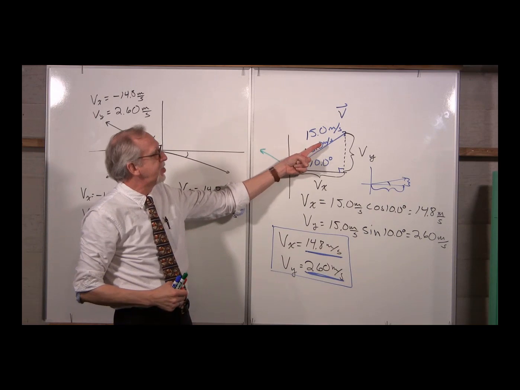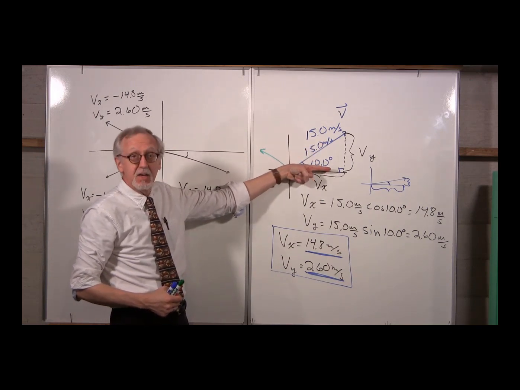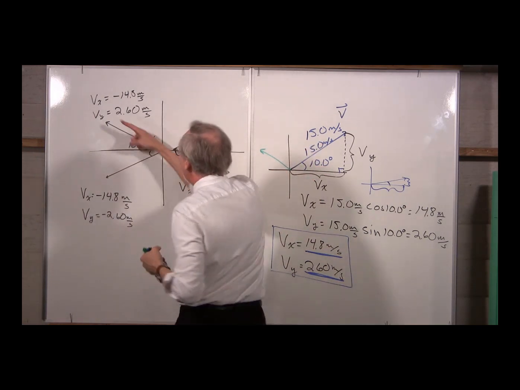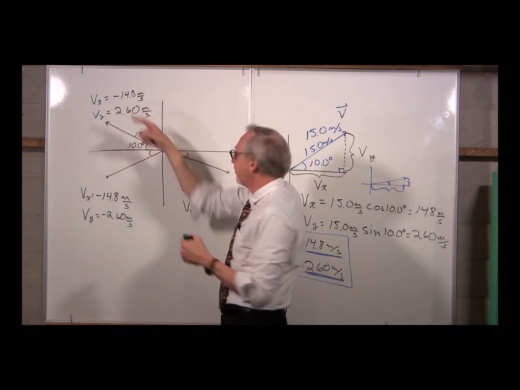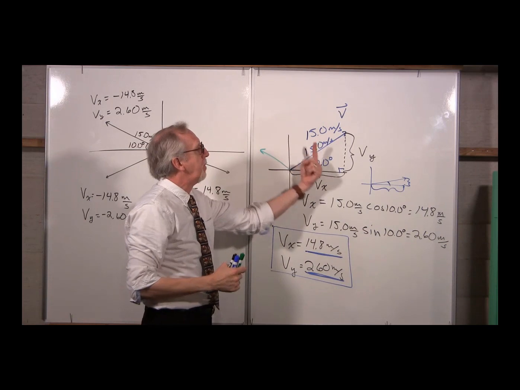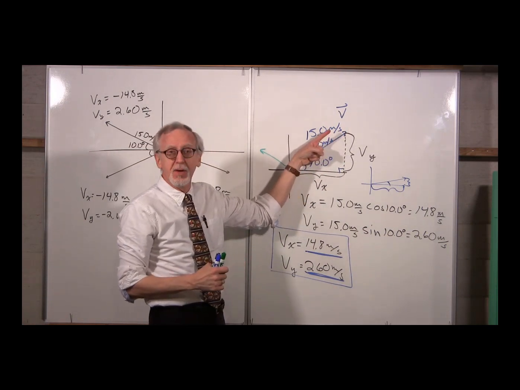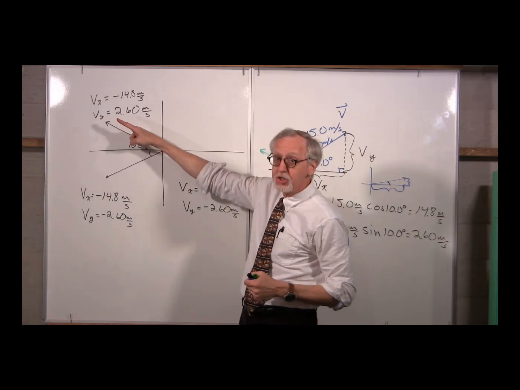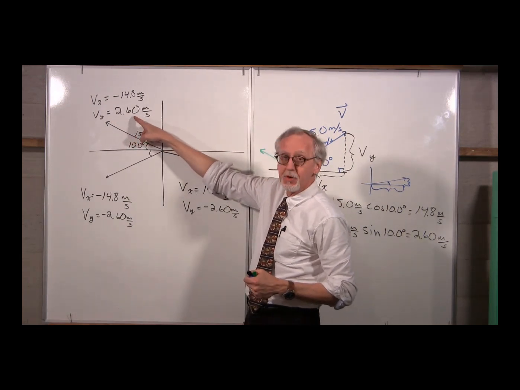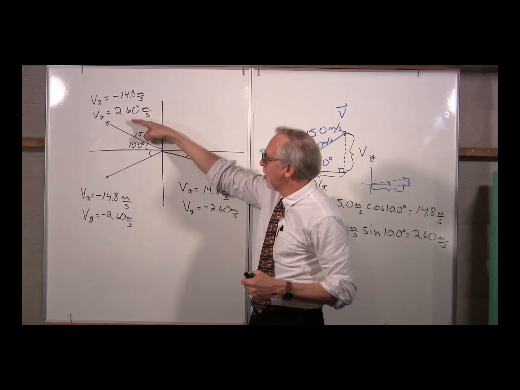Why positive? Well, let's think about it like this. This vector points to the right, so the x component is positive. This vector points to the left, so its x component is negative. This vector points in an upward direction, so its y component is positive. This vector also points up, so its y component is also positive. What about this vector?